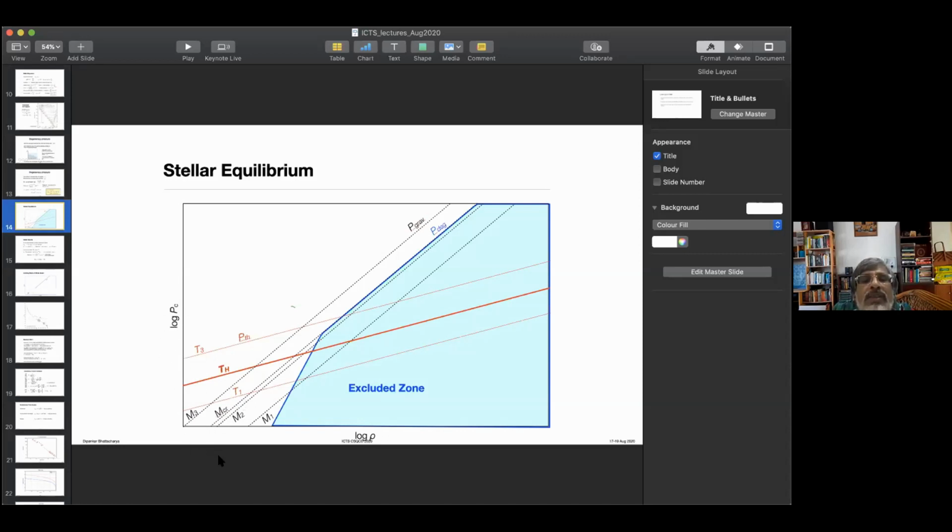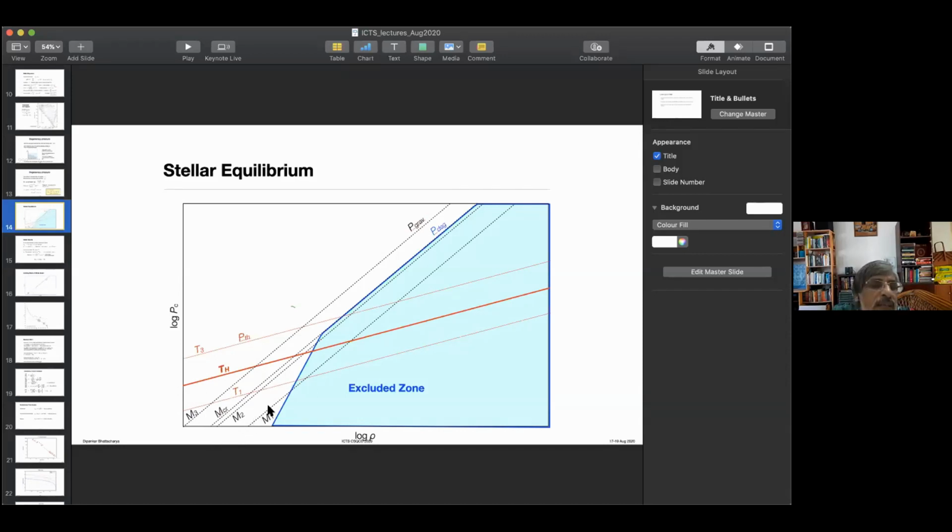The central pressure is just proportional to mass to the power of 2/3, rho to the power of 4/3, and rho is increasing because radius is decreasing. So motion along this line just represents contraction at constant mass. So that's what the stellar gas globe is doing.